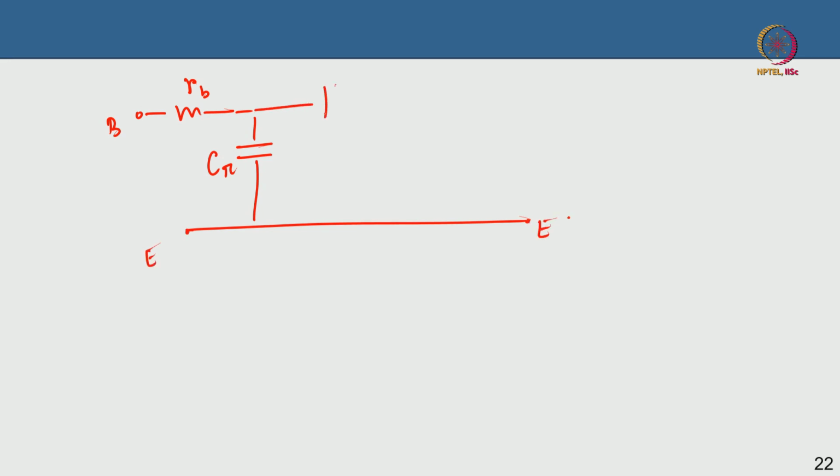You also have C mu, which is your base collector capacitance, which is not going to be affected, but then you have a collector parasitic resistance here. Then you have of course gm VBE, but here it will be gm VBE divided by 1 plus gm RE. I will come to that. It is just like a FET, the expression actually. This is the current that is flowing.